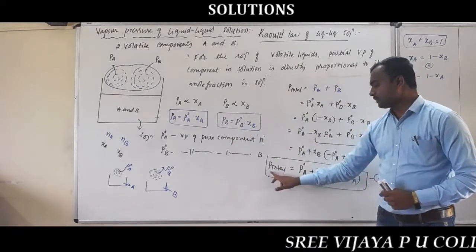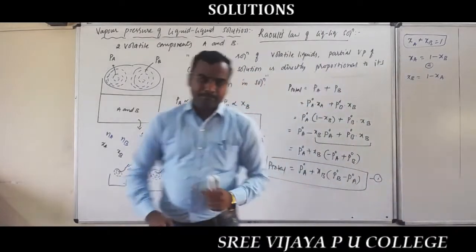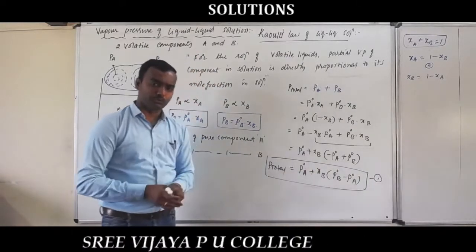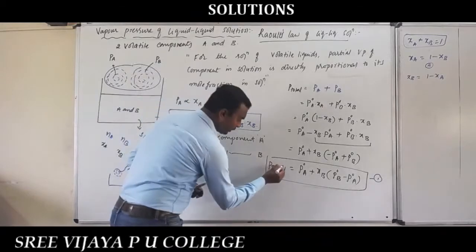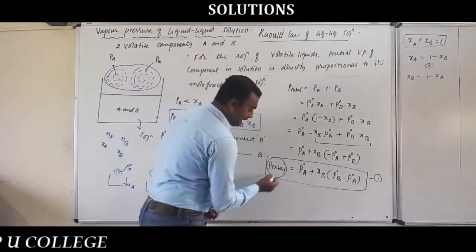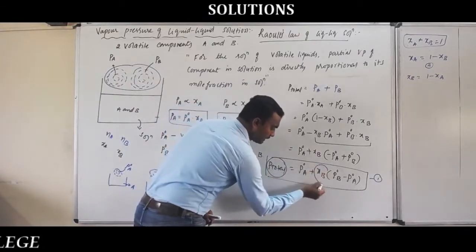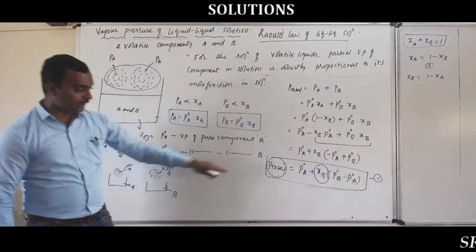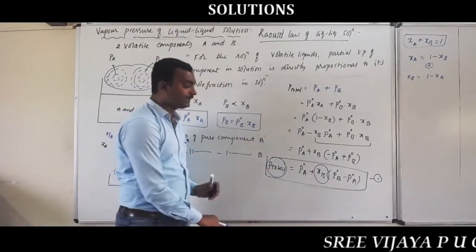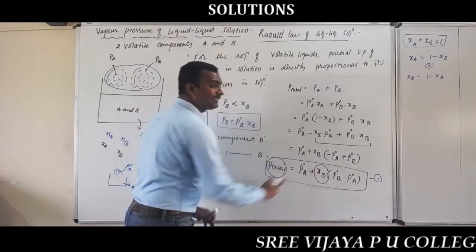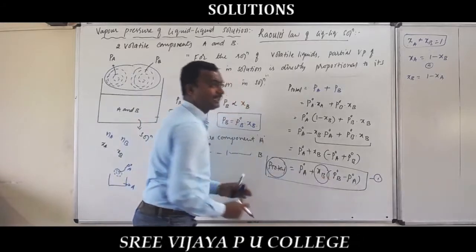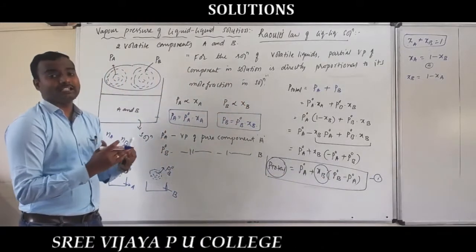So this is the equation. Observe that from equation 1, the P total equation, we can draw two conclusions. The total pressure over the solution phase is related to the mole fraction of one of the components. That relationship is linear: if you plot a graph, total pressure and XB are linearly related to each other.